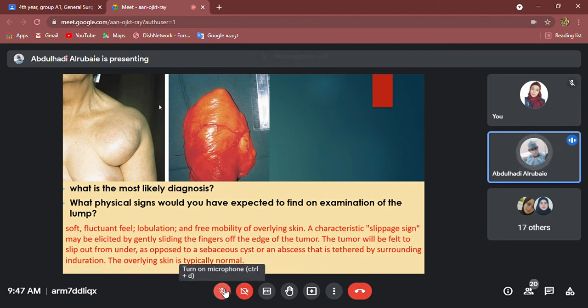On examination, the signs are a soft, fluctuant feeling, and lobulation is very important in lipoma. Another important thing is free mobility of the overlying skin, meaning it is not attached to the skin, with a characteristic slippage sign.